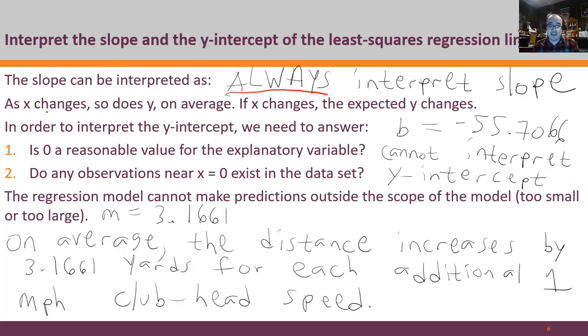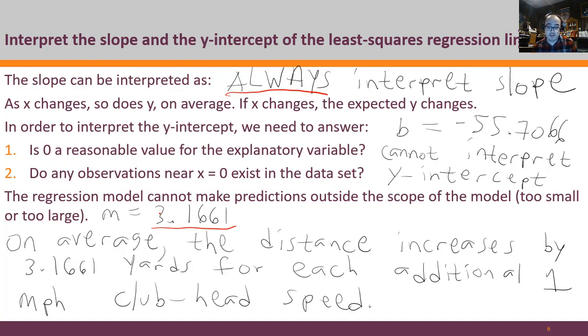It can be interpreted as a variation of this. As x changes, so does y on average. If x changes, the expected y changes. And I have down here the interpretation of the slope of that club head speed and distance that we just saw in this last example. That slope was 3.1661.